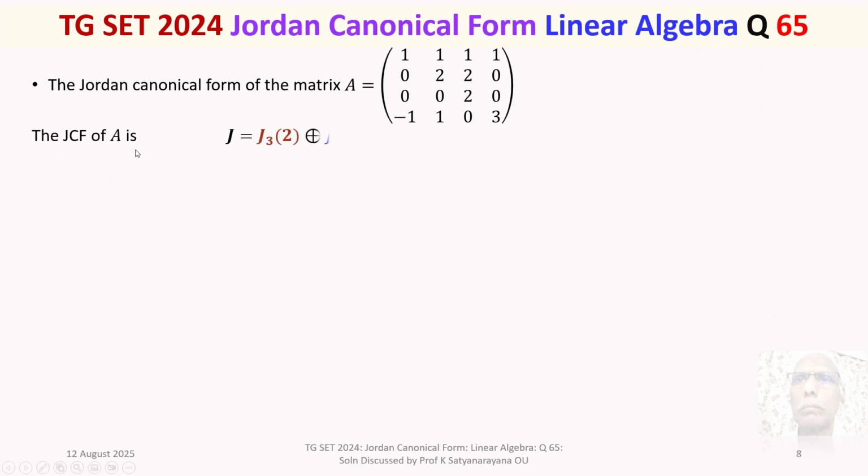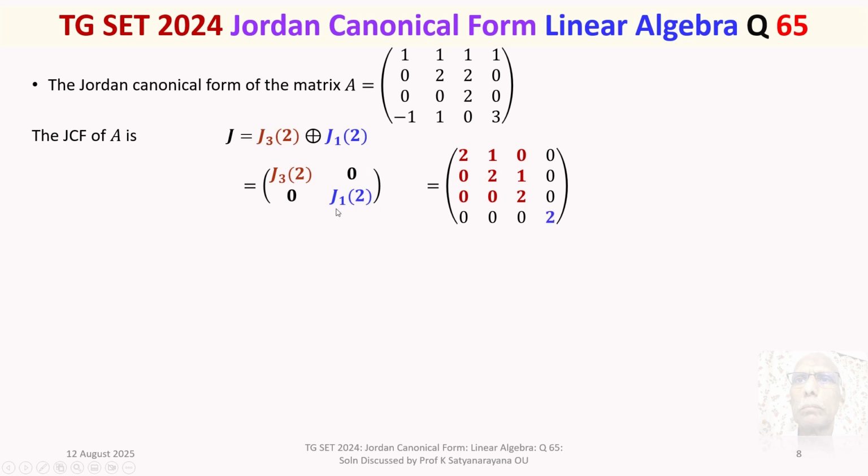The JCF, Jordan canonical form of A, is J equal to J3(2) direct sum J1(2), and that is the matrix J3(2), 0, 0, J1(2), with 0 matrices of appropriate sizes. And J3(2) is what? 2 1 0, 0 2 1, 0 0 2.